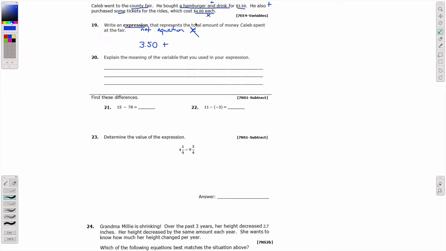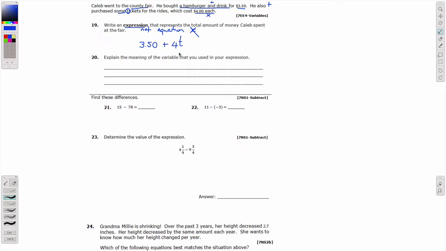Now, I do know how much each ticket cost, but I don't know how many he bought. So, some tickets. I'm going to use T as my variable because I don't know how many he bought. But I do know that they each cost $4. So I'm going to say 4 times the number of tickets that he bought.